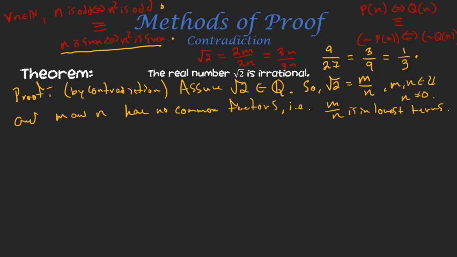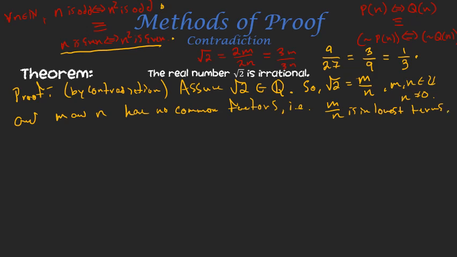Hopefully you can believe that. We could sort of prove it, but I think that would be making this a little bit too messy. I think that's fair enough to assume. So m over n is in lowest terms.